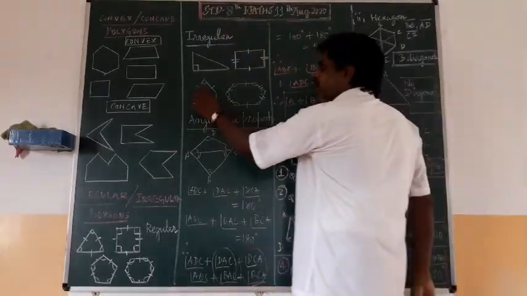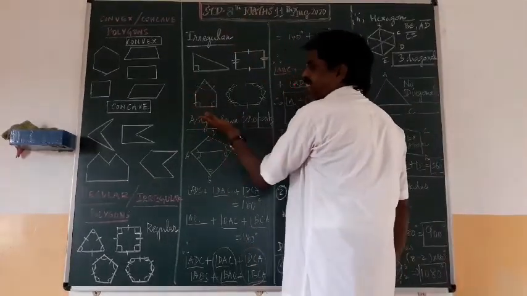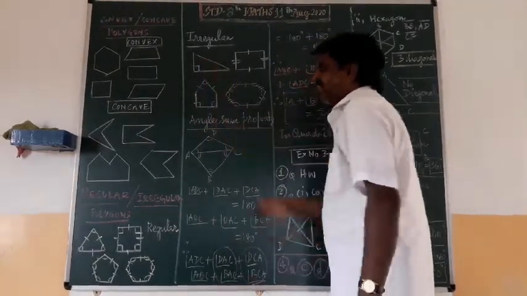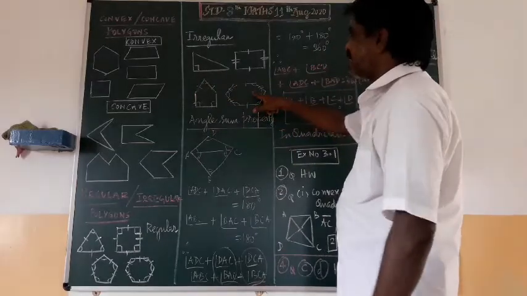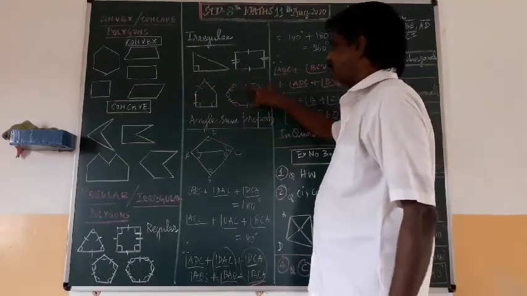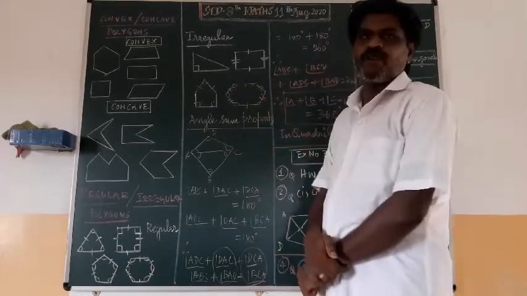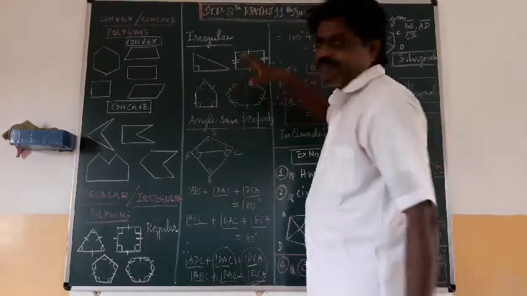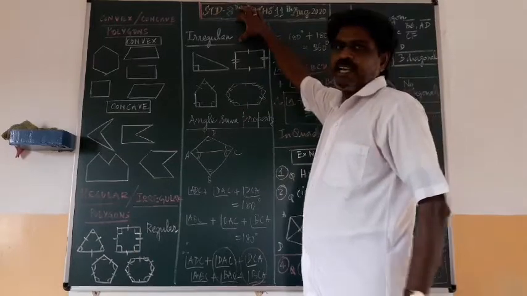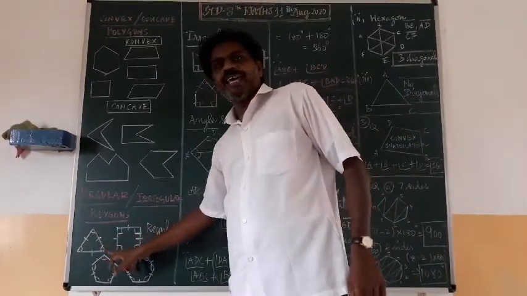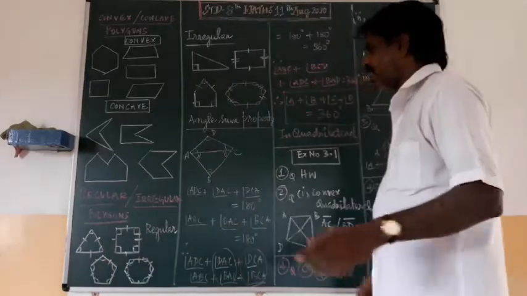Here is a pentagon, but the bottom two angles are 90 and the top angles are different. And here a hexagon, opposite sides are parallel, these two sides are equal. So different angles and different sides are there. That is an irregular polygon. Here all the sides are equal, all the angles are equal. That is called a regular polygon.